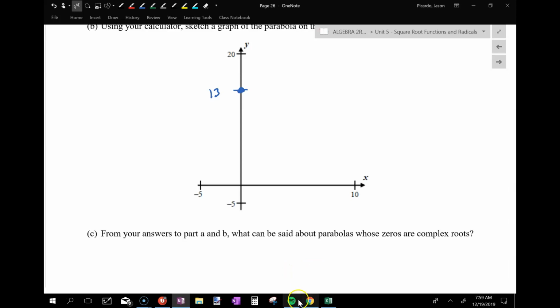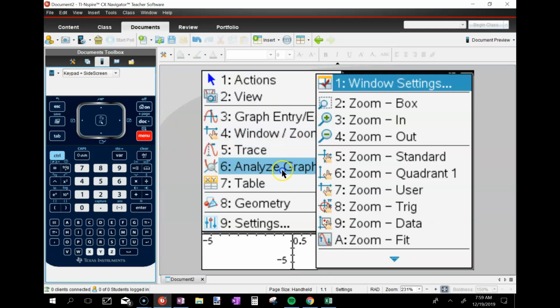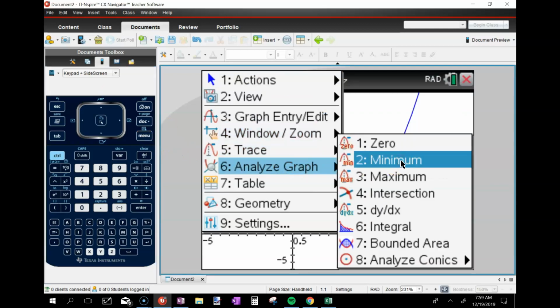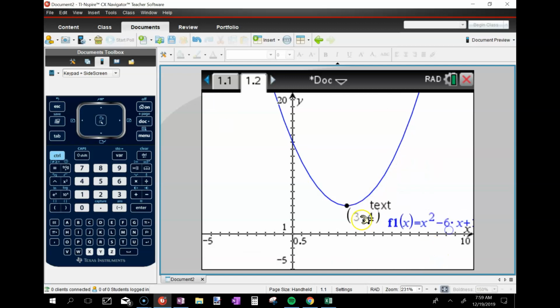Hey, what's another point on this parabola which is kind of important? The minimum. If I really want to, I can go to analyze and find the minimum, and that's just doing this little process. So there's a minimum at 3, 4.